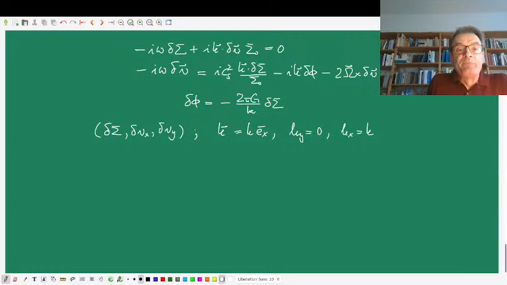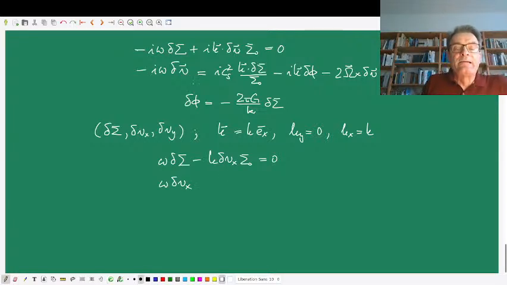Okay, under this further choice of symmetry, let's say, I can write the continuity equation as omega times delta sigma, so I'm cancelling out the factor minus i here, then minus k delta Vx times sigma 0 equals 0. Okay, nice. Next thing. Here I have omega delta Vx if I focus on the x component for now. Now I need to divide by minus i, so this will be minus cs squared k delta sigma divided by sigma 0.